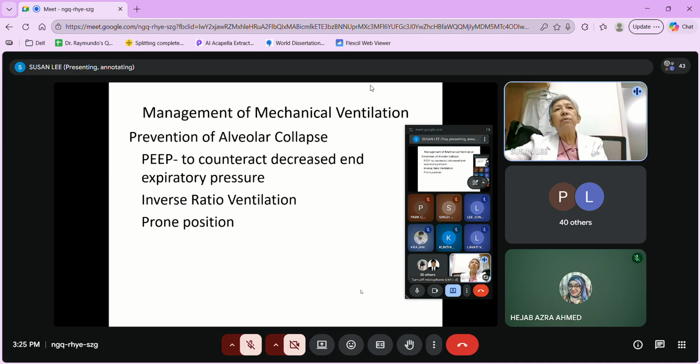Okay, so PEEP is being used to decrease the collapse of the lung, without increasing your oxygenation. Other measures that we can use to prevent alveolar collapse would be the prone position or the inverse ratio ventilation. But PEEP and the low tidal volume so far have a better outcome compared to the other one.